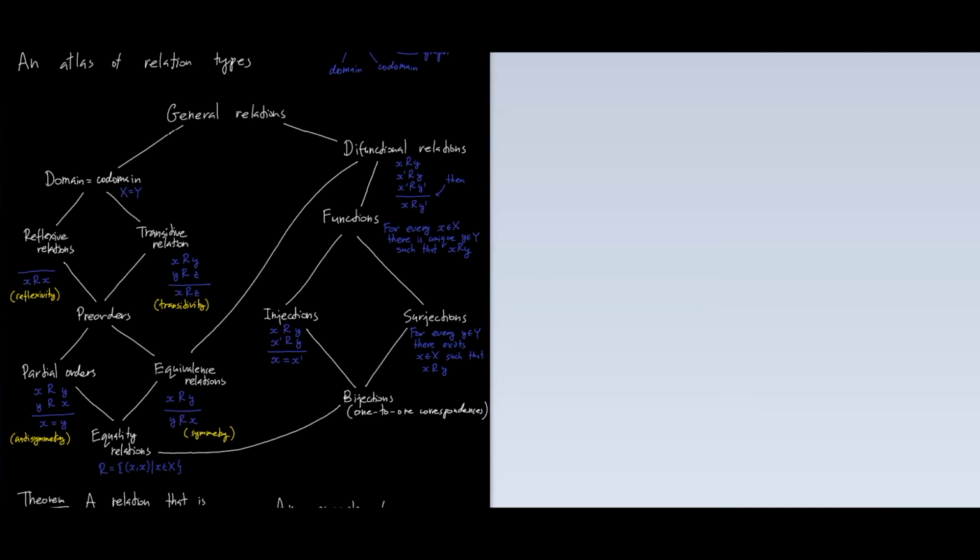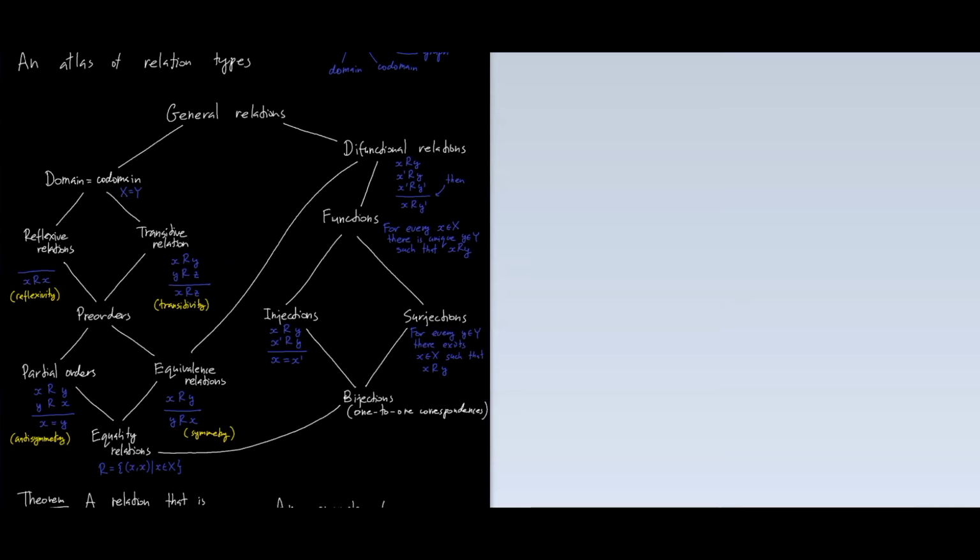So one can actually grow this atlas and include more details. I've just shown you some of the key ones, and also I really like difunctional relations because they can be seen as almost like equivalence relations without this requirement of domain and codomain being equal to each other.